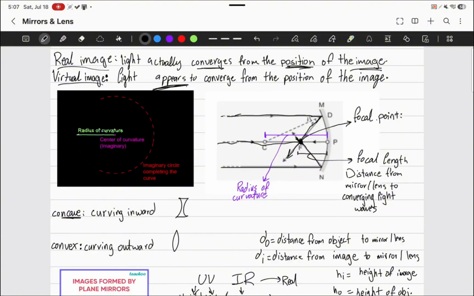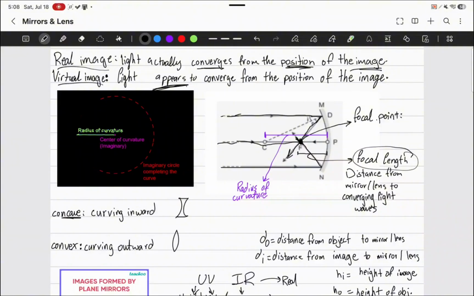The distance from the mirror or the lens to the focal point is called the focal length, and the distance from something called the center of curvature to the mirror or the lens is called the radius of curvature.